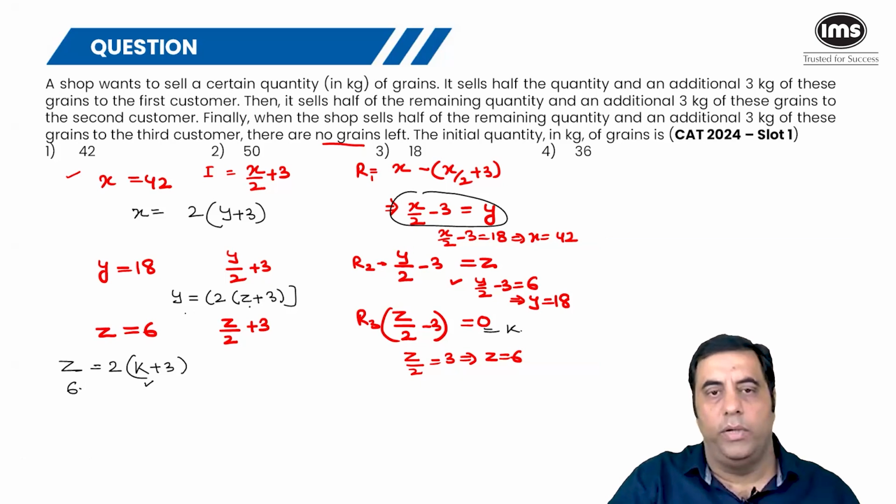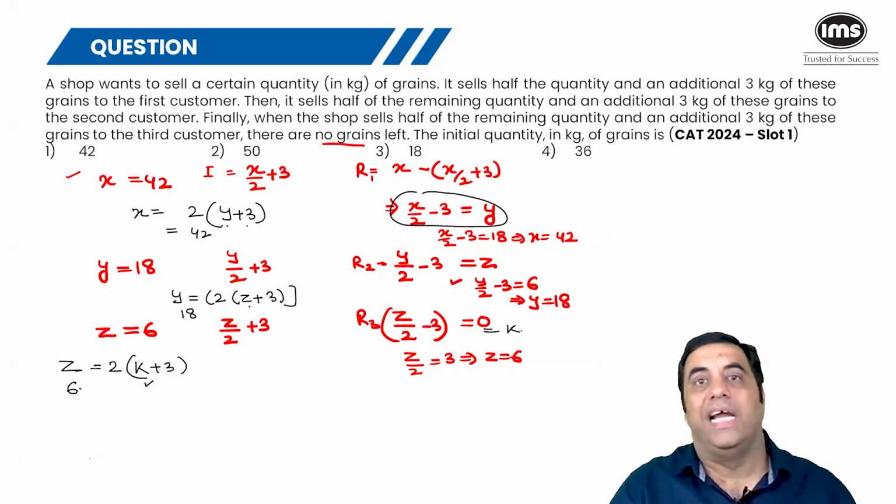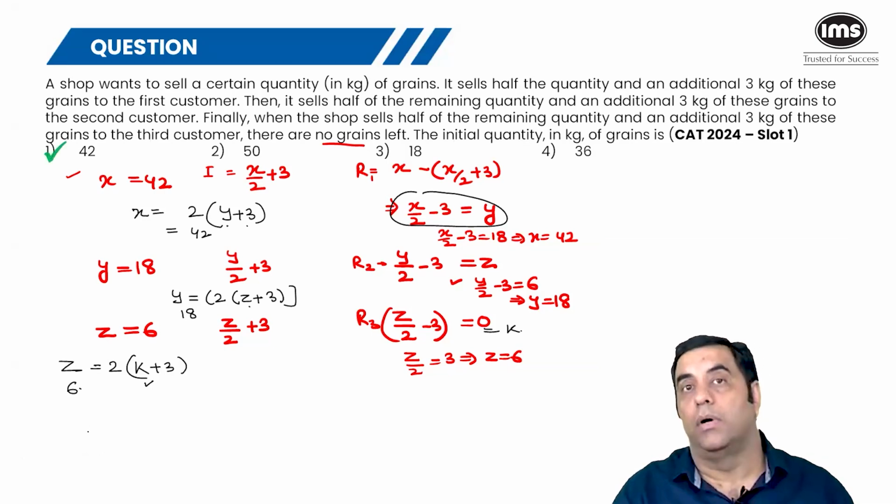When z is 6, we get y as 18. And when y is 18, we get this value as 42. So this is a slightly better, or different, way of solving it. Therefore, the answer to this question is 42.